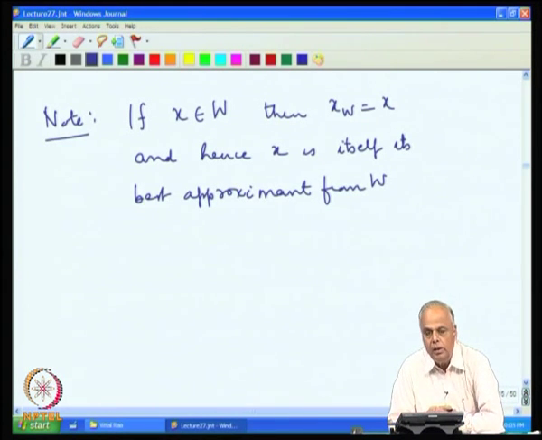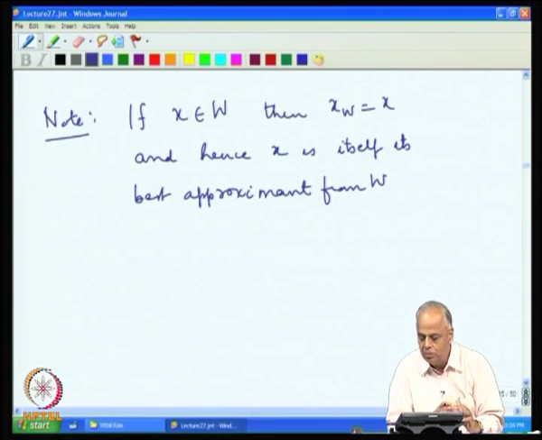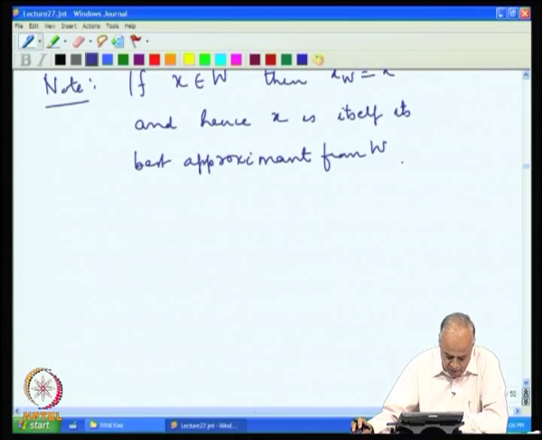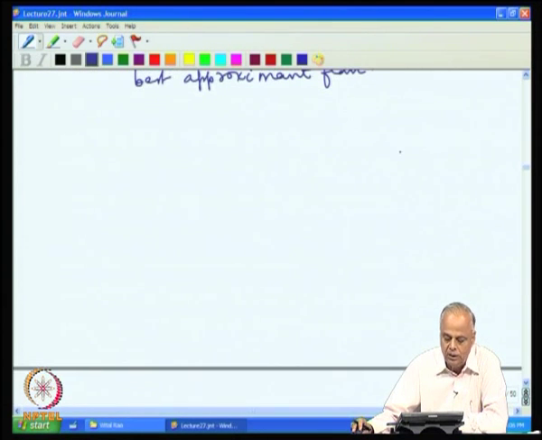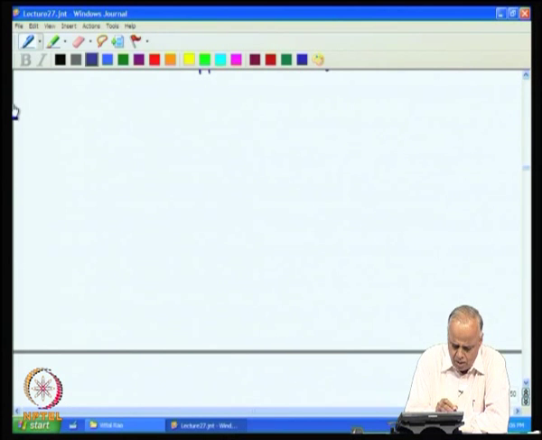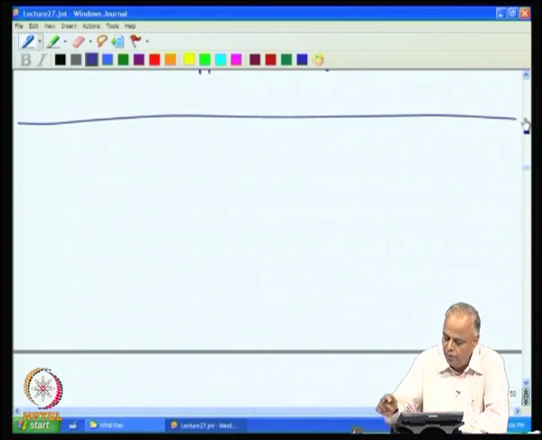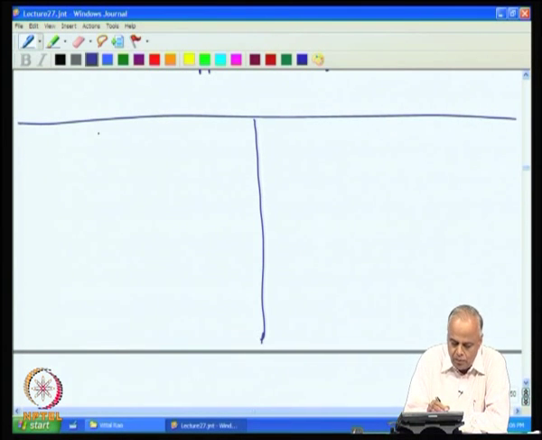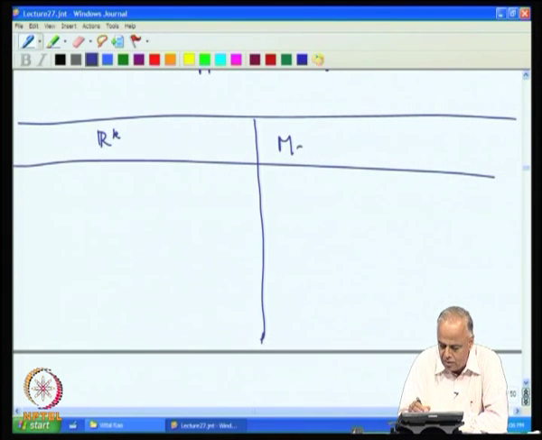So, now we have learnt a lot of things about a subspace, its orthogonal complement, best approximation, etc. Let us now consolidate all these facts and see how we have interpreted them in the context of matrices. First we will divide into two parts, one in general vector space R^k, and then the matrix context.